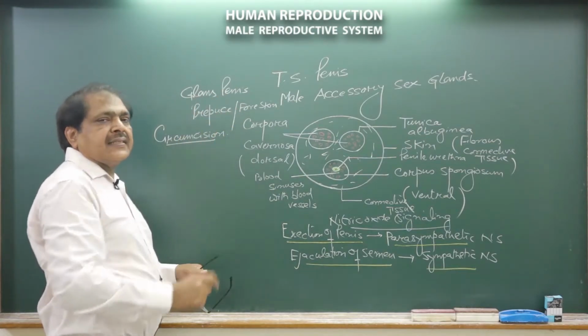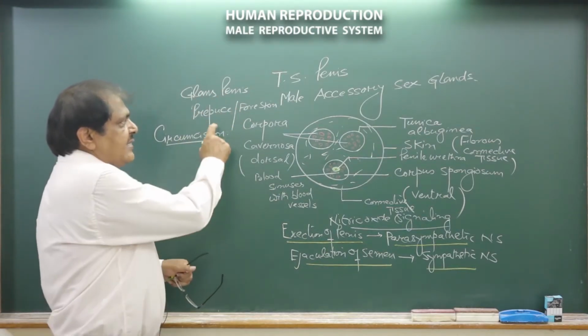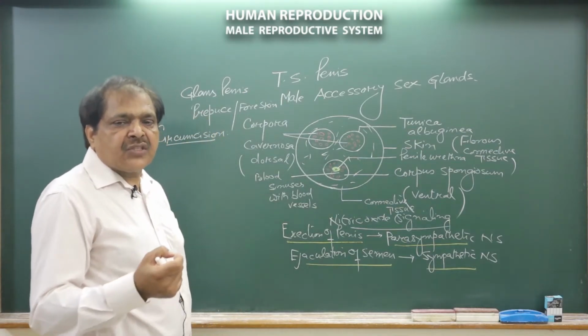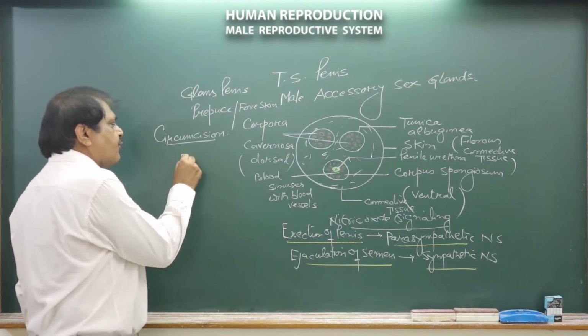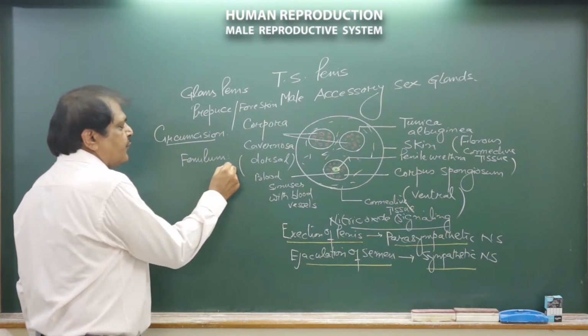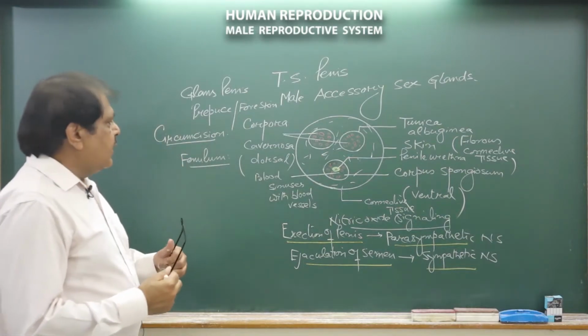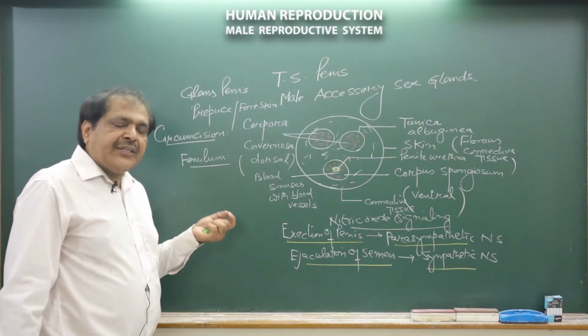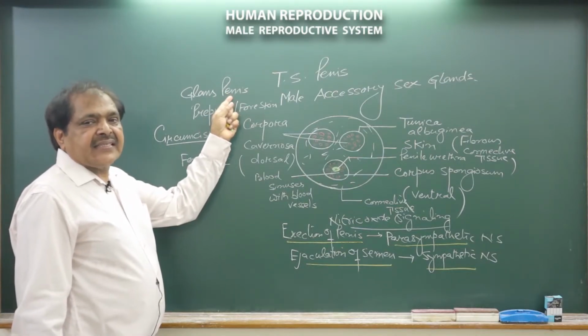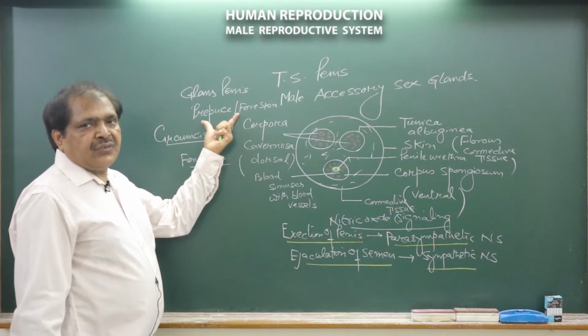Glans penis is connected with the foreskin by means of a small tissue that is called frenulum. Frenulum is a small tissue which connects the glans penis with the prepuce.